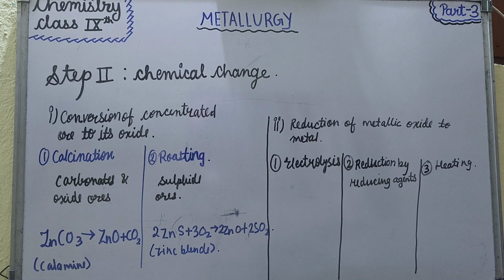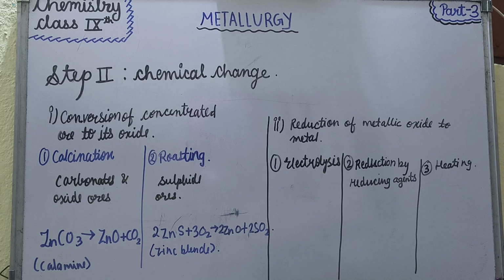So electrolysis is the method where fused metallic salts are reduced by electrolysis. The resulting metal ions get decomposed at cathode. Whereas reduction by reducing agents, the method is the oxides are reduced to metals by coke, carbon monoxide or hydrogen.